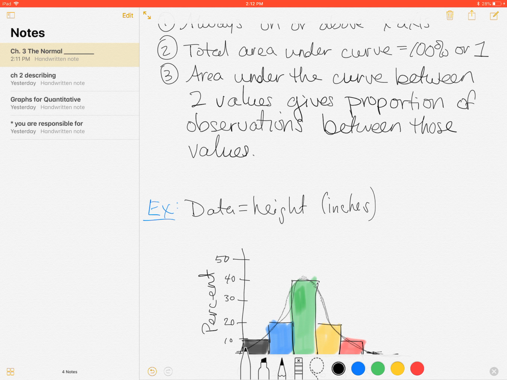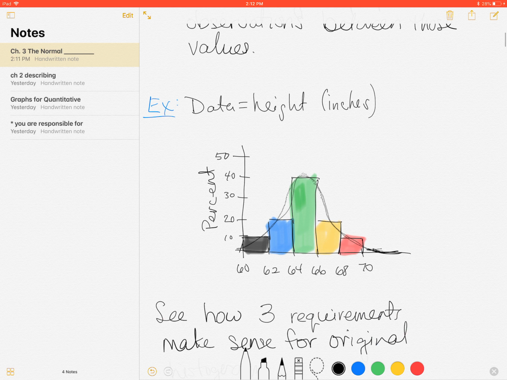And now for the last one, the area between two values under the curve is the proportion or percent of observations between those values. So let's say we said 62 to 66. Well, that's 20 and 40. Aren't we looking at all this area to find that percent?